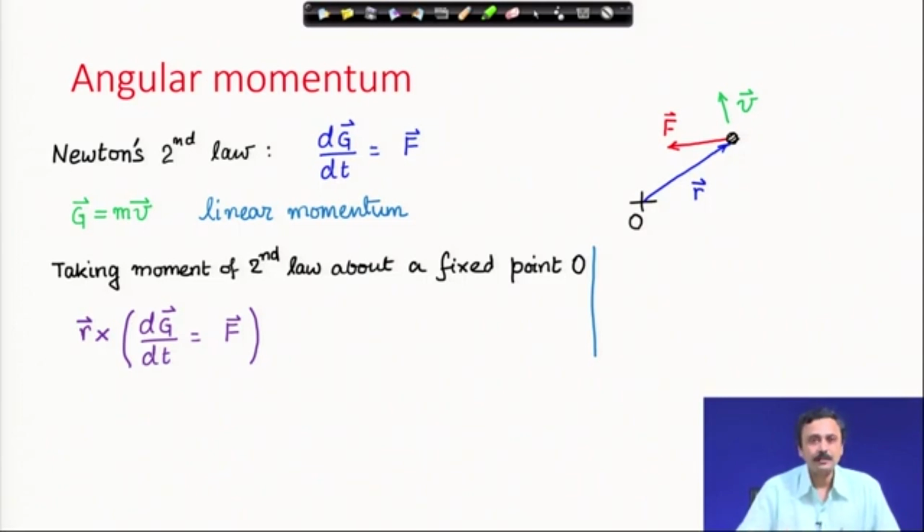Arm vector is r, arm cross vector is the moment of a vector always. This cannot be reversed because cross product, as you know, is non-commutative. Therefore, whenever we define moment, it is the arm cross the vector: r cross rate of change of linear momentum on the left hand side and r cross F on the right hand side.